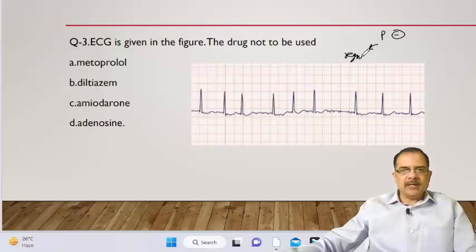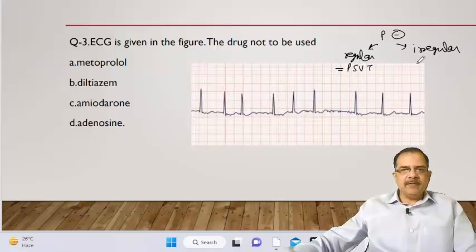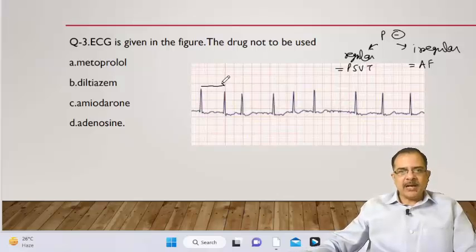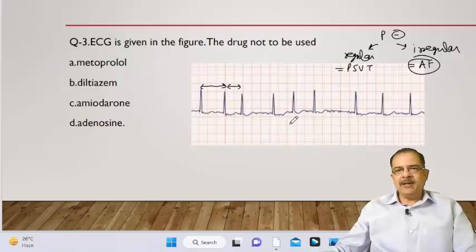If it is a regular rhythm, then it is most likely PSVT. If it is an irregular rhythm, then it will be atrial fibrillation. If we look at the RR interval, the RR intervals are variable here. So that means it is a case of atrial fibrillation, absence of P wave.